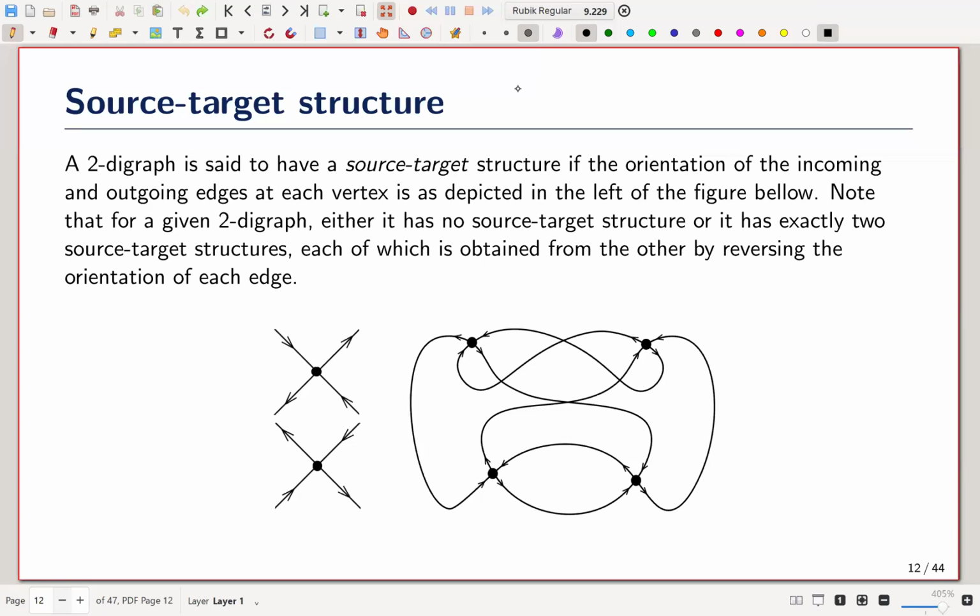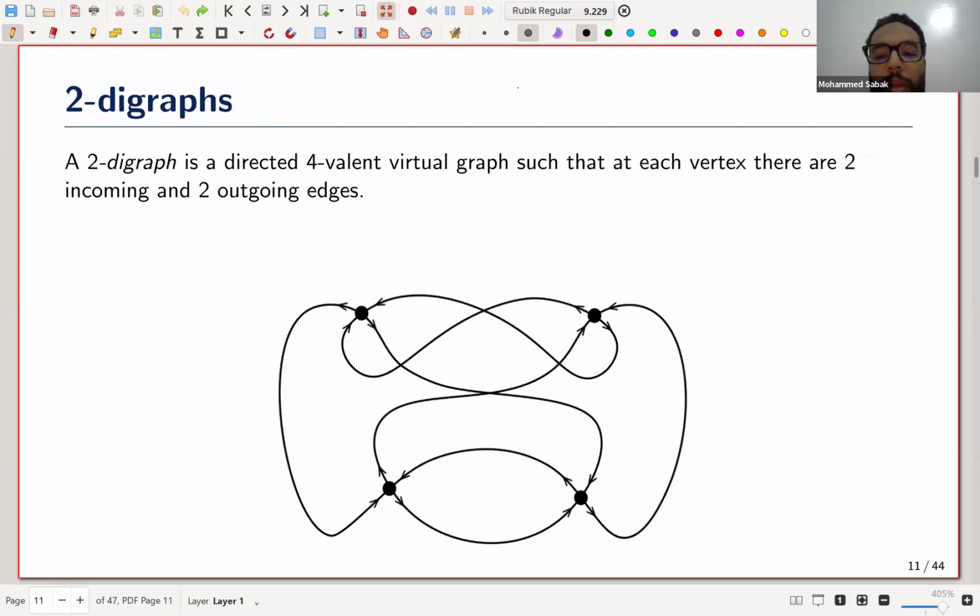Why special? Isn't it the same? No, because here I agree that this has a source-target structure, but for 2-in 2-out graphs in general, it is not. We can have something like this, for instance, which is not exactly a source-target structure, but nevertheless it is still a 2-in 2-out graph.